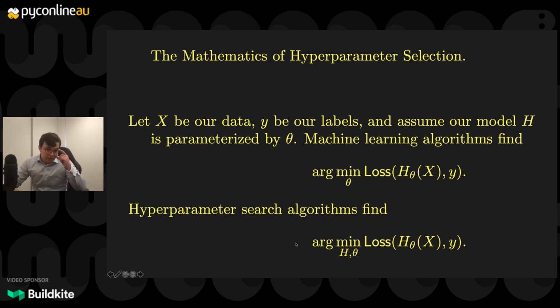And what AutoML services do is, given our data and our labels and our loss function, or our evaluation function, find the best set of rules to make the best prediction, as well as the best set of hyperparameters. So we go from simply searching over our parameter space to searching over both our parameter space and our hyperparameter space. So that's our problem defined mathematically, but how do we solve it?